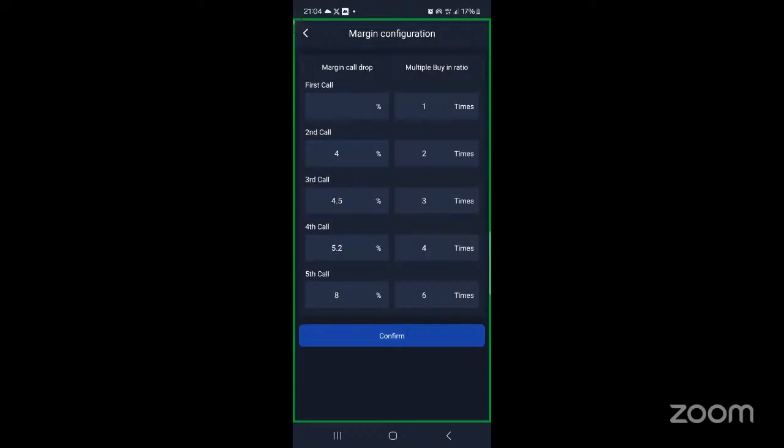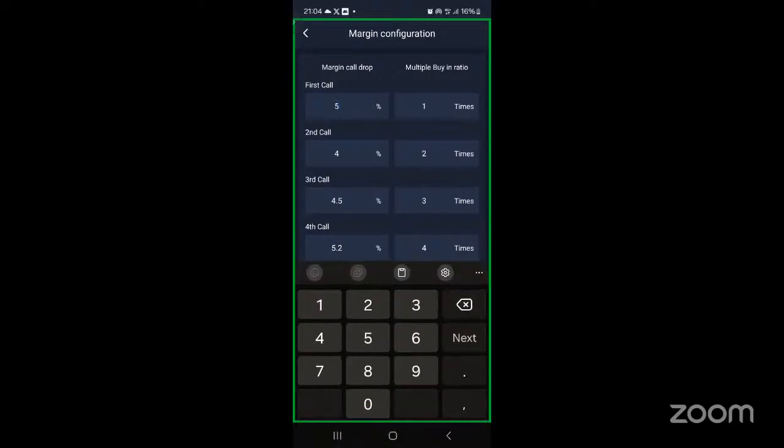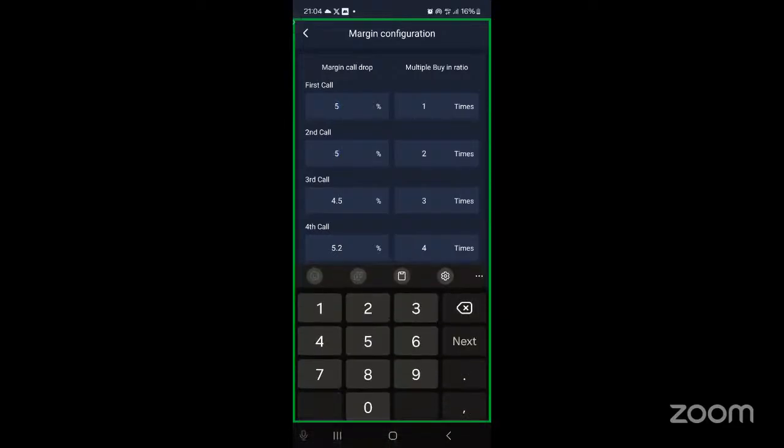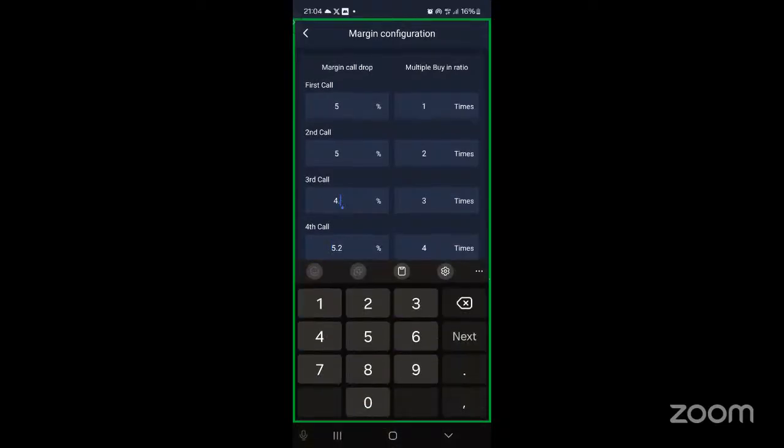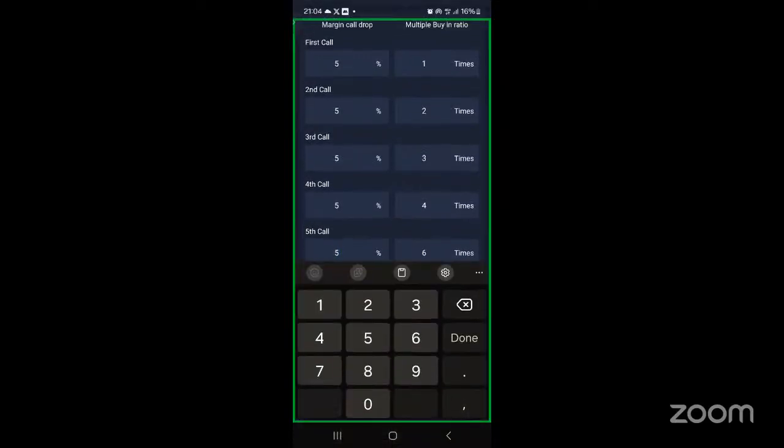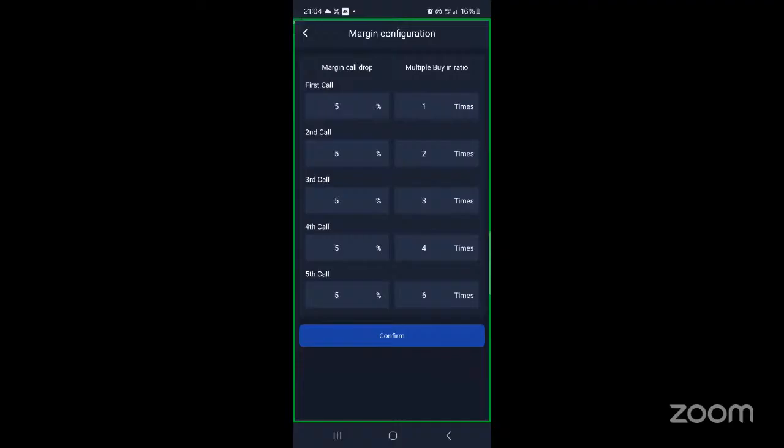We are making our last order on margin call number 6. The expectation is the coin is going to potentially drop by negative 30%. Give me a yes if you are still getting what I'm saying. Our last order is going to be made at negative 30%.